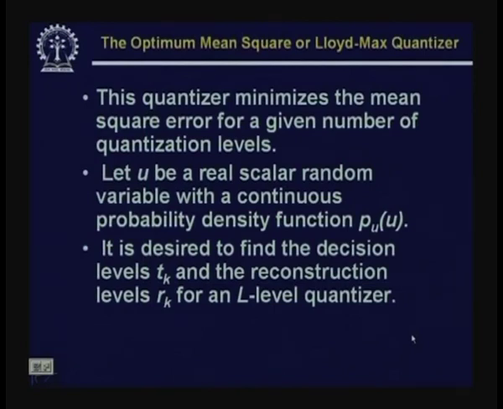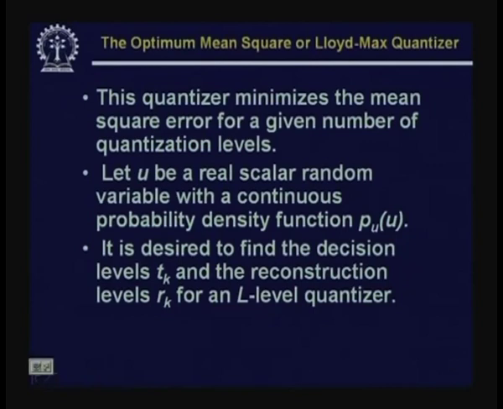So, the aim of the quantizer design will be to minimize this quantization error. Accordingly, we have to have an optimum quantizer, and this optimum mean square error quantizer is known as the Lloyd-Max quantizer. This minimizes the mean square error for a given number of quantization levels.